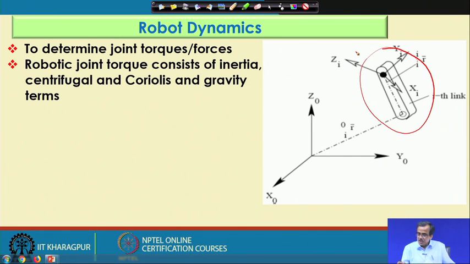Now, for this ith link, the motor is connected at this particular end, but very purposefully I have put the coordinate system here, but not here. The reason is very simple. We mechanical engineers always try to think about the reaction force, reaction torque. So, whenever we calculate any force or torque, that is nothing but the reaction force.